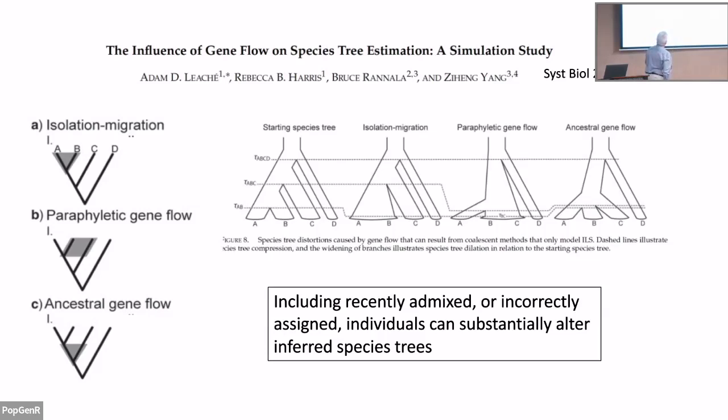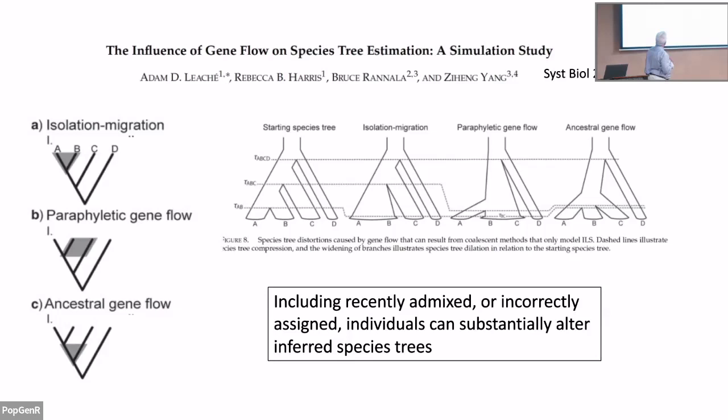Okay, so this is just a depiction which I really like of some of the ways it can go wrong. And here the topology often is not so bad, but the width of these branches here is the estimates of population size. These are so-called pipe diagrams, where the breadth of the branches is number of individuals, genetic individuals.